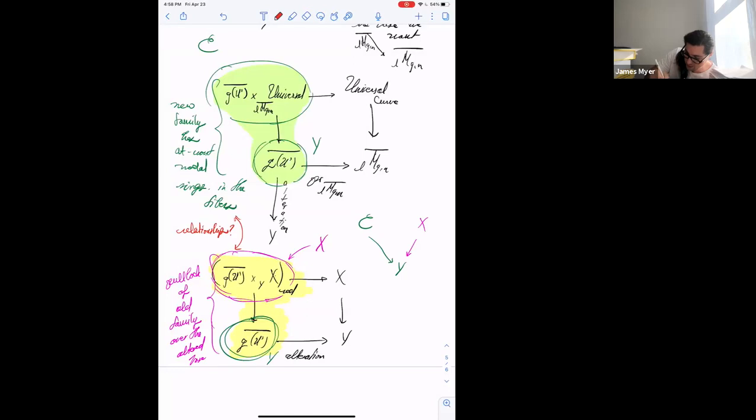All I know at this stage is that these two families agree over an open set. These two families are the same over an open set. They're isomorphic over an open set, more precisely, which means that there's some map, but I don't know that it's a morphism yet, that goes from C to X.